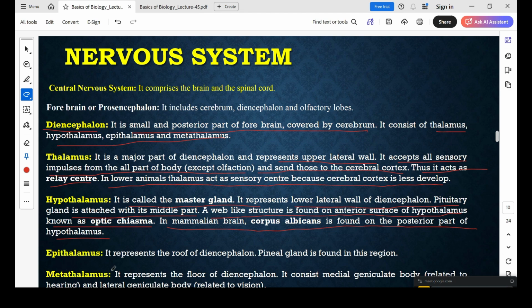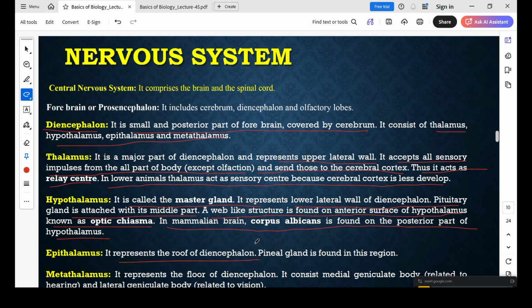Next is the epithalamus, which represents the roof of the diencephalon. It can trigger regeneration of different cell types, especially in young adults or children, in organ systems where regeneration is possible.